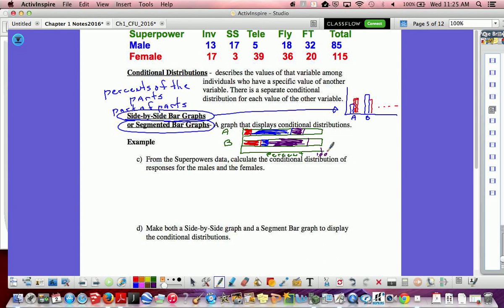Now these are just kind of rough pictures of them, okay? They're not the exact ones, okay? But we'll give you an example of a side-by-side and a segmented bar graph, one of each, from our superpower preferences here.